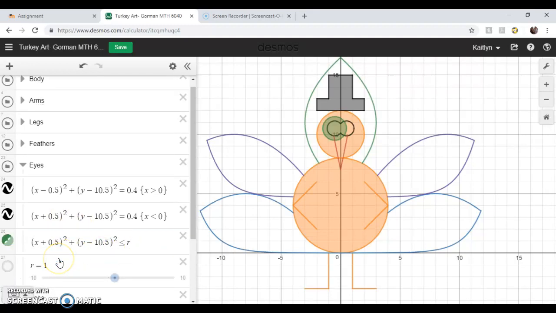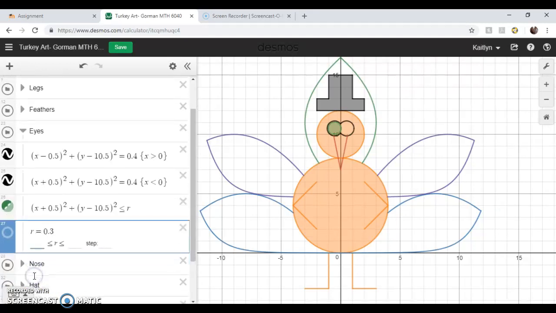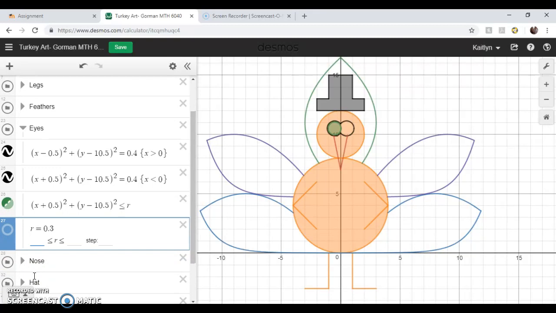We're going to add slider r. Okay, but I don't want the pupil to be bigger than the eye, so I'm going to change my slider so that it can only get as big, and then it disappears if it's smaller than 0. So I'm also going to make it bigger than 0. So I'm going to change my range here, to something pretty small so that I can still see it.